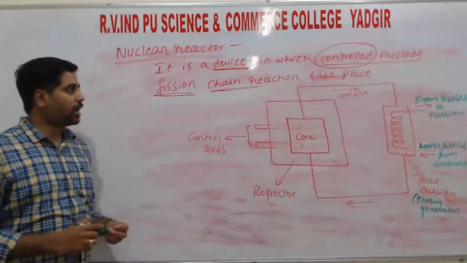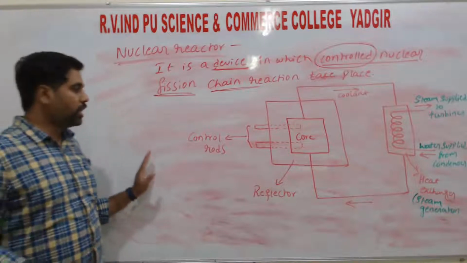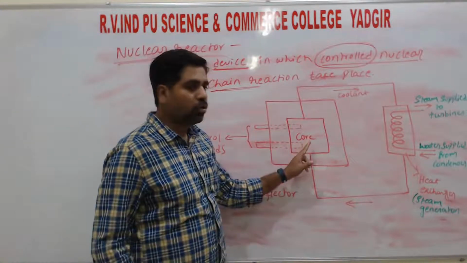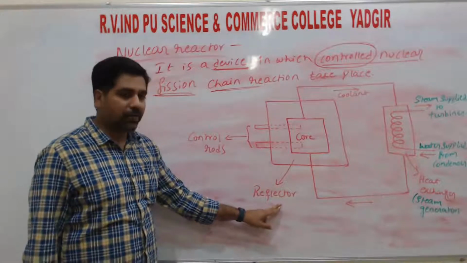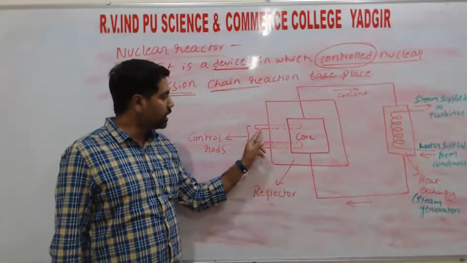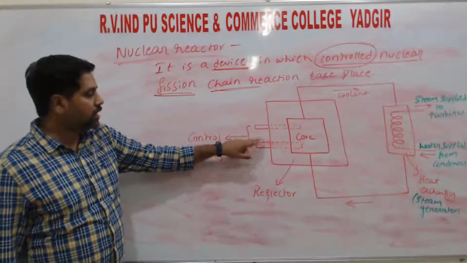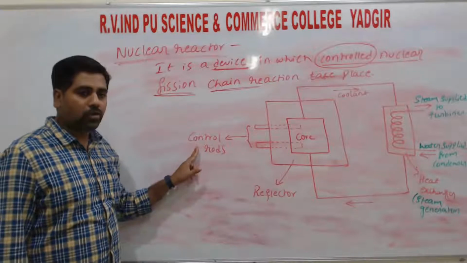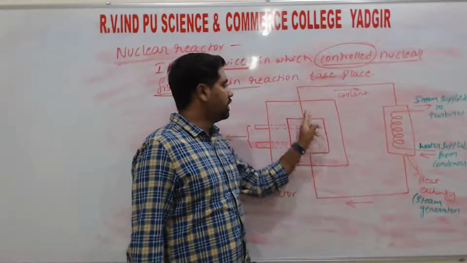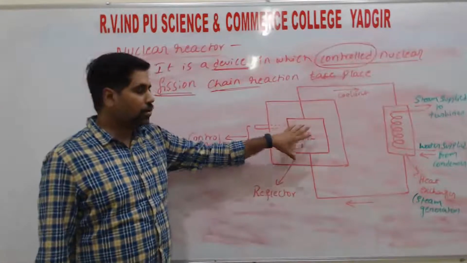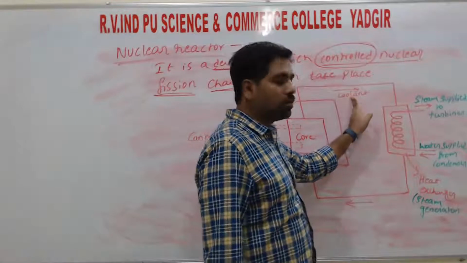So this is the block diagram of the nuclear reactor. The nuclear reactor consists of the core. This core is surrounded by the reflector, and this core is connected with the control rods. Here we need only two control rods. Next, the heat released during this nuclear reaction is carried out by the coolant.